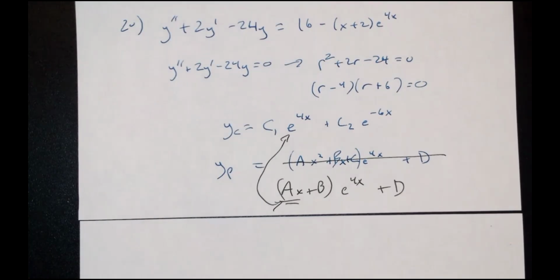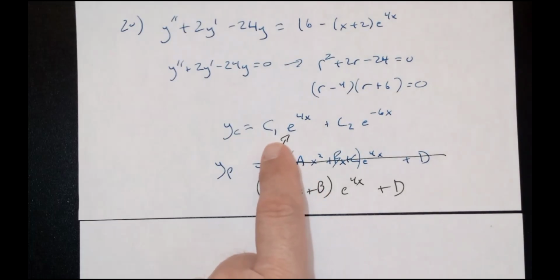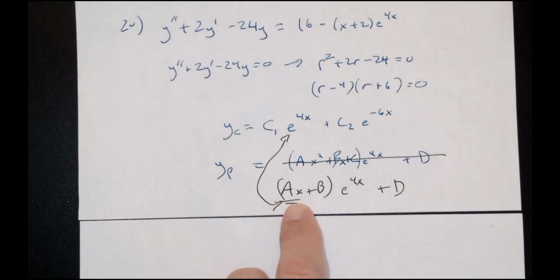So it would be like if the highest power was duplicated, then you multiply by 1 more. So in this case, it's x to the 0 that's here, so I multiply by a single x. If it wasn't, let's say we had a repeated root.